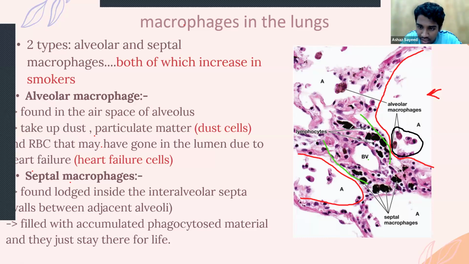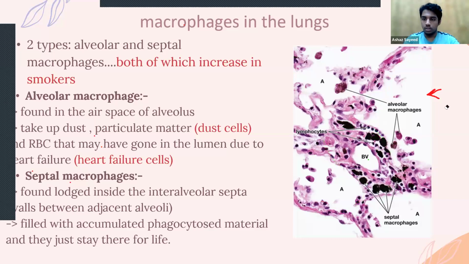And within the intraalveolar septum, you have these black structures. These are your septal macrophages. Why are they so black? It's because they have been collecting dust and debris and they just stay there. As I told you, they live there for the rest of their life. So that's why they're black in color.